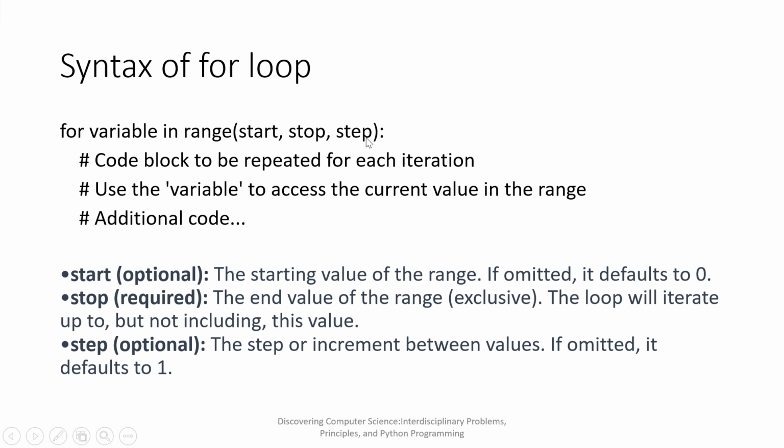Step is optional, by default step value is 1, but we can specify any positive or negative value for increment and decrement in desired steps. Stop is mandatory, and it's important to note that this value is exclusive. It means the specified value is not included. So for example, if stop value is 5, the counter will stop at 4.